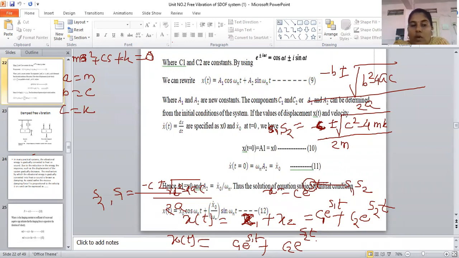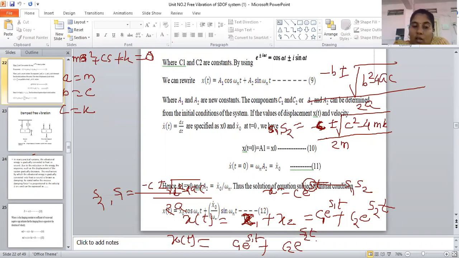Solving, we get minus c plus or minus root of c square minus 4mk divided by twice m. Those are the values of s1 and s2.